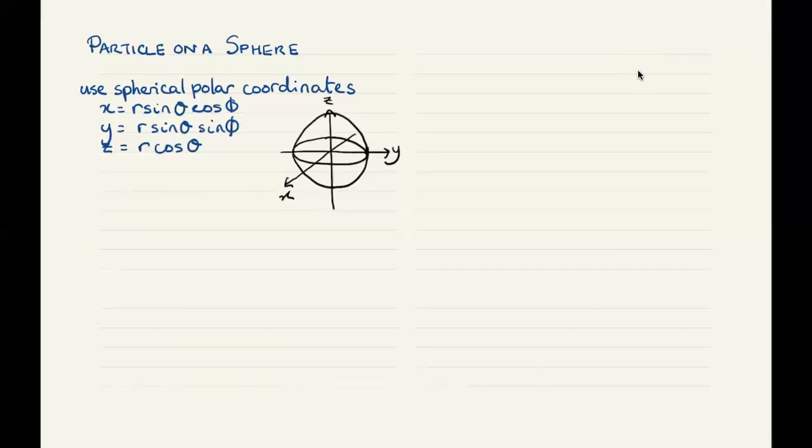And the angle phi is the angle in the xy plane, starting from the x-axis. The angle theta, sorry, is the angle away from the z-axis, away from the vertical, starting from the z-axis, and the distance r is the radius of the sphere.